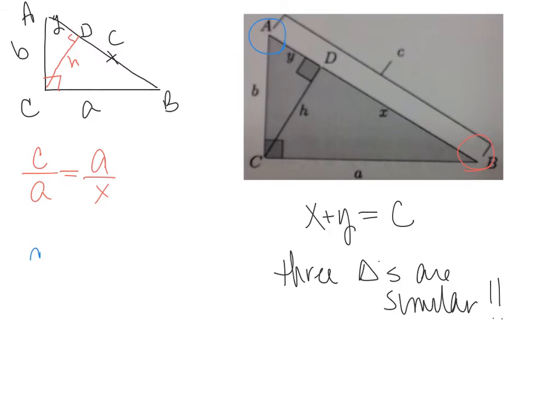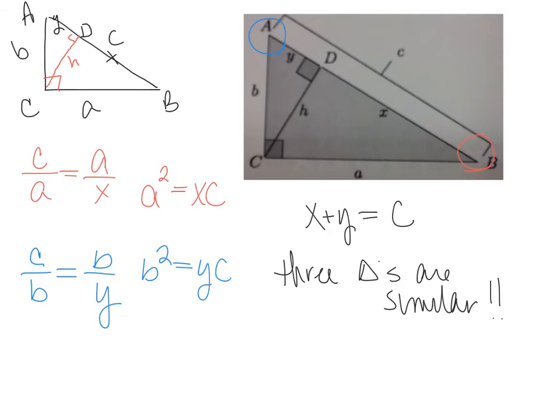We can do C over B equals B over Y. I should also say that this gives us A squared equals XC, and this gives us B squared equals YC. We know that though. Okay, our goal is to show that A squared plus B squared equals C squared, and we'll get there.